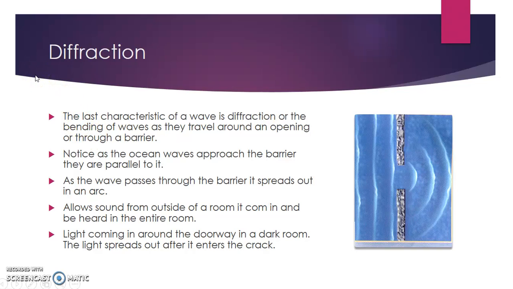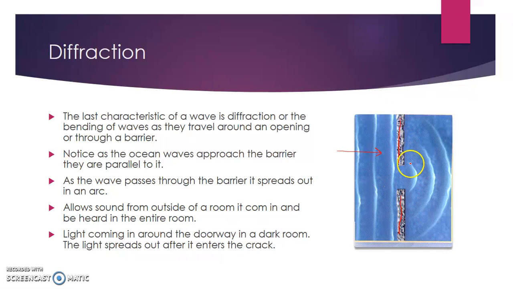Diffraction is the last characteristic of a wave, or the bending of waves as they travel around an opening or through a barrier. Notice as the ocean waves approach the barrier, they are parallel to it, and as the waves pass through the barrier, they spread out in an arc. If you look over here on the picture, these are waves traveling parallel to this barrier, which is, let's say, a rock wall.